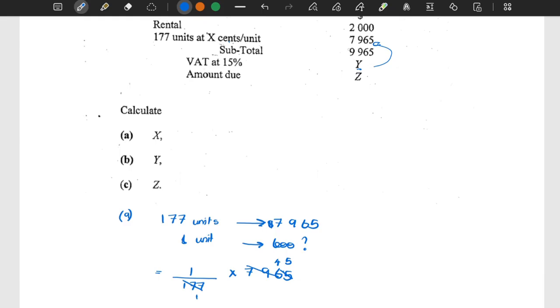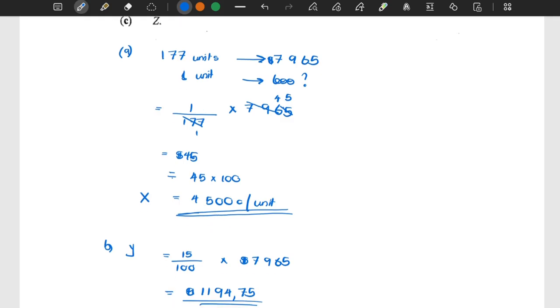And then C is asking for Z, and Z is the amount due, right? So we're now adding the VAT to the subtotal of 9,965.